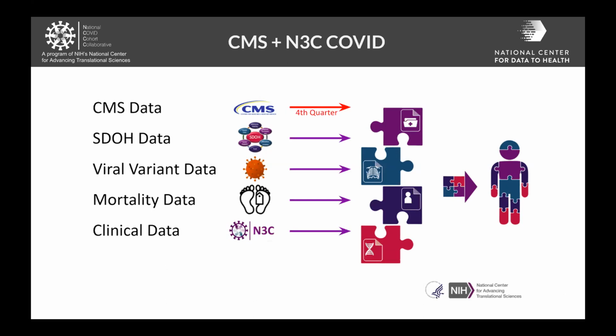We currently just have Medicare, but Medicaid data is being processed right now, and it will be available sometime next year. We also have social determinants of health data, viral variant data, and mortality evidence data linked through PPRL in N3C. Next slide, please.